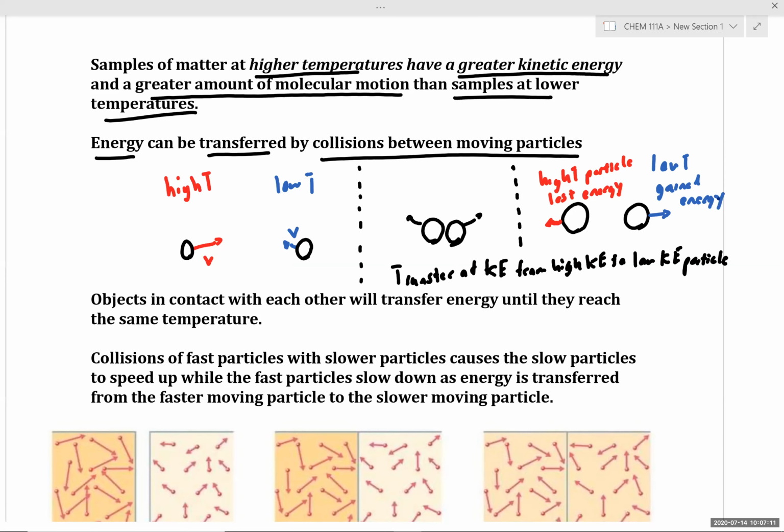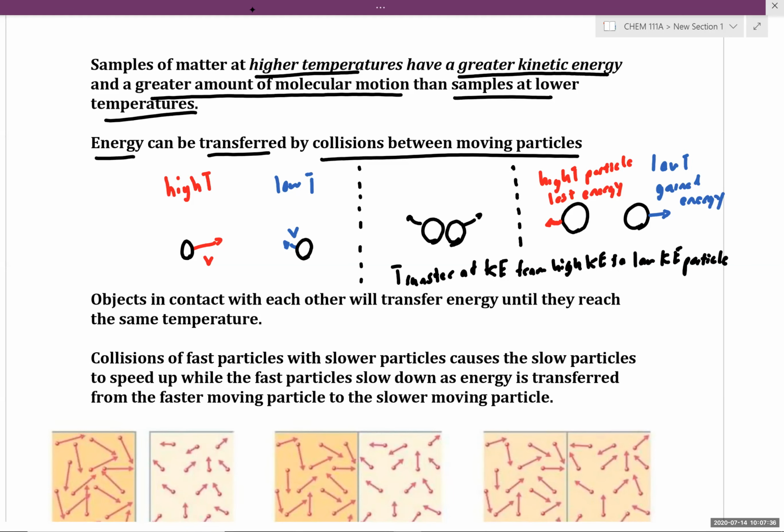That when particles are in contact, they can transfer some of their kinetic energy, or in general, just transfer some of their energy? Can I get some responses in the chat just to make sure that this idea makes sense to everyone? Any questions on this concept?